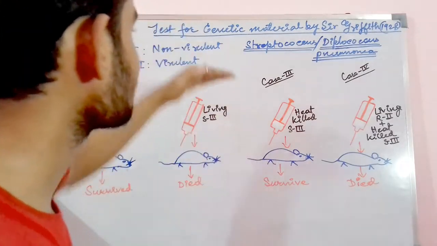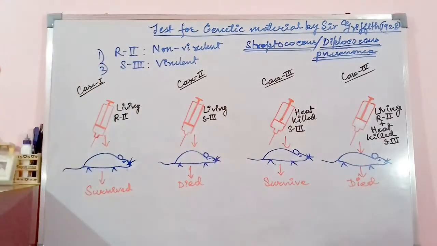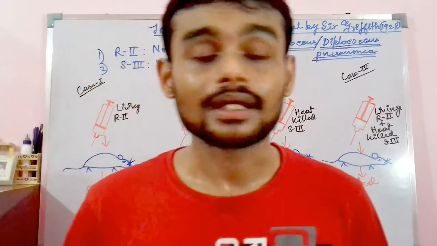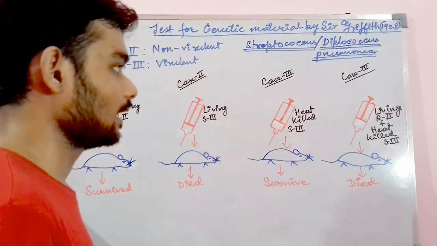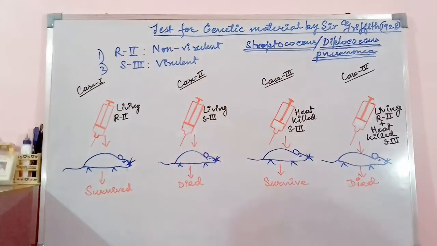So that's how Sir Frederick Griffith concluded in his hunt for genetic material in 1928 how the phenomenon happened and why, and he named this particular phenomenon as transformation.